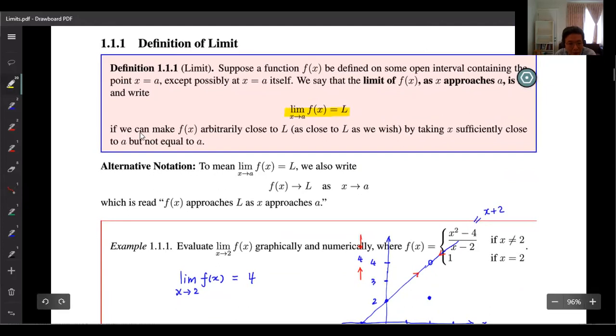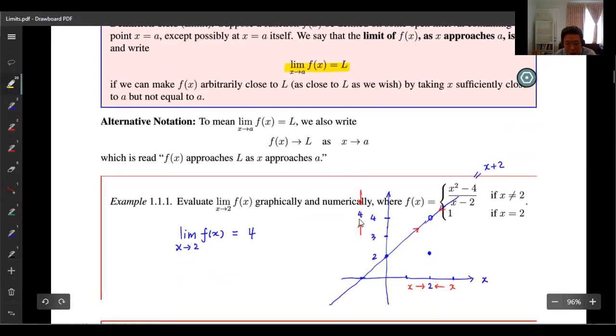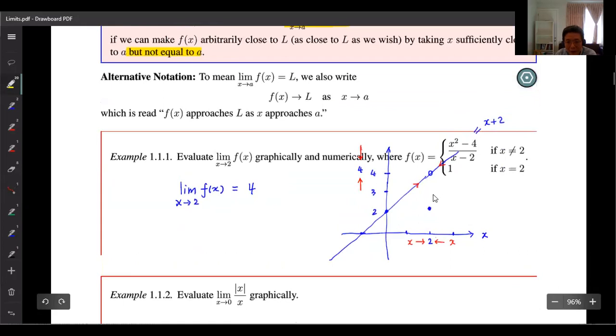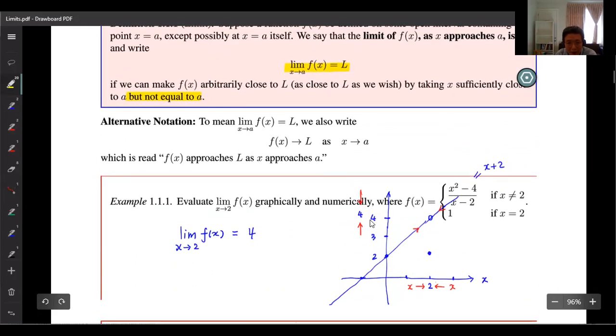If we can make f arbitrarily close to L, so we can make the function value arbitrarily close to 4, as close as we wish, by taking x sufficiently close to A, but not equal to A. You can see, by making x sufficiently close to 2, we can make the function value arbitrarily close to 4.